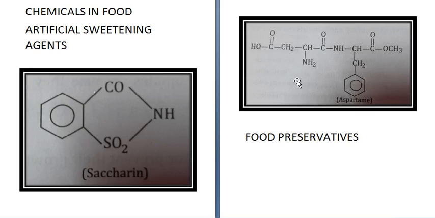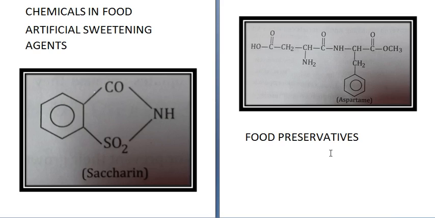Then in food, chemicals are used as food preservatives. They increase the shelf life of food by stopping or slowing down the spoilage caused by microbes. For example, common salt and sugar, vinegar, sodium benzoate, ethylene diamine tetraacetic acid, which is called EDTA, and salts of sorbic acid and propanoic acid.